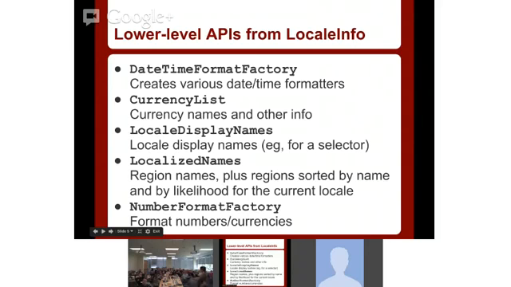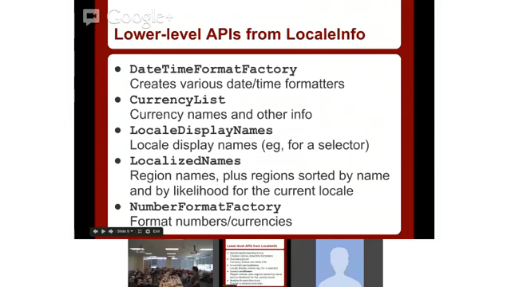You can also get more complicated, you can specify more detail about what kind of formatter you want. You can get the list of currencies that are all localized to this particular locale. You can get locale display names. So, for example, for a locale selector that you would show in your app.